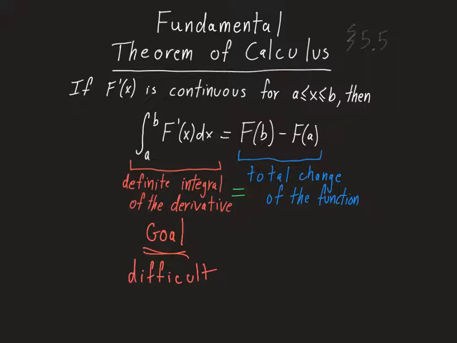Meanwhile, this total change of the function is very easy. All we'd have to do is plug in and then subtract. So it seems like the much easier way of calculating these definite integrals is by just finding the total change of the function that they correspond to.